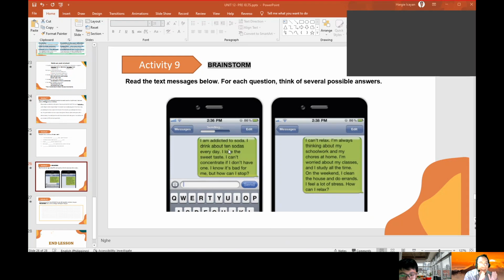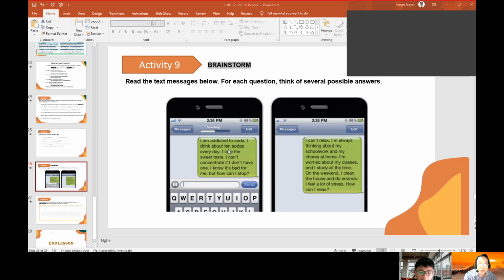Maybe you can tell that person, okay, it's hard. Your situation is too hard, okay? But if I am going to give you advice, this is what you are going to do. Okay, reduce the consumption of soda day by day.